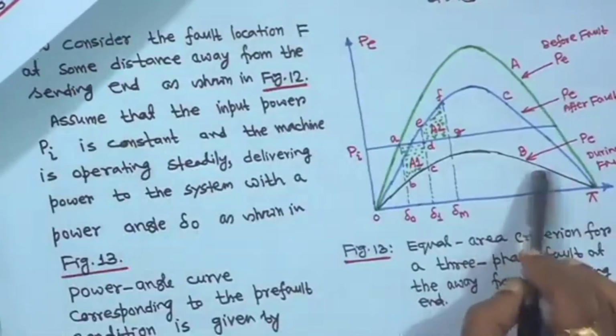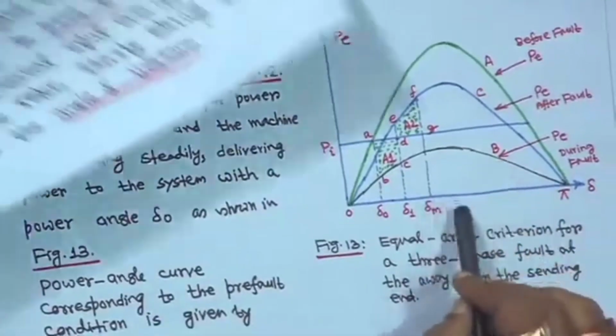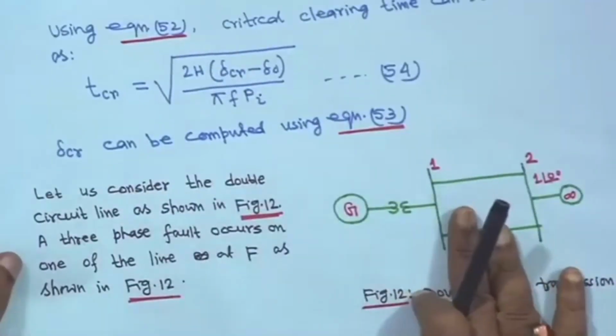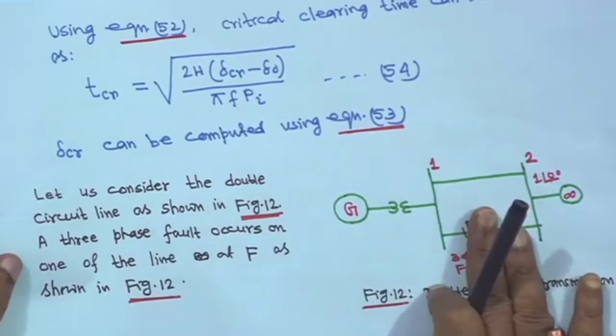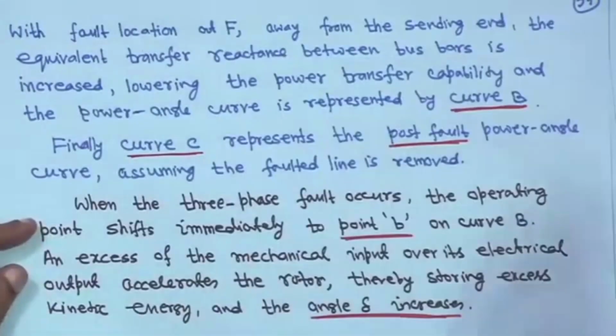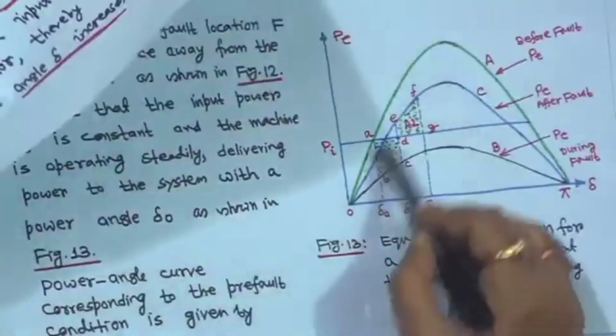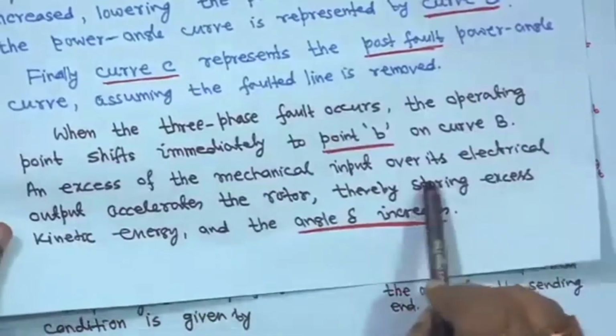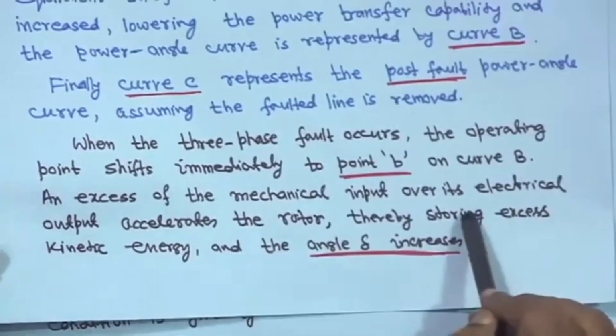That is represented by curve B, this is during fault. And when the fault is cleared, that means when the single line is operating and the faulted line is isolated, only this line is there. In that case this blue curve is the power angle curve.